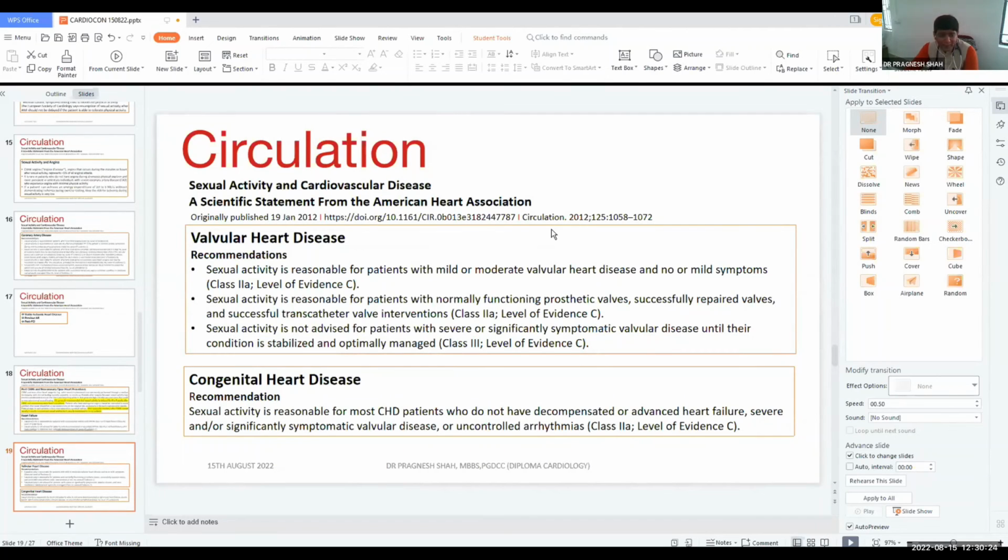And it is not advised for patients with severe or significantly symptomatic valvular disease until their condition is stabilized and optimally managed. And some recommendations for sexual activity in congenital heart disease: sexual activity is reasonable for most congenital heart disease patients who don't have decompensated or advanced heart failure, severe and significantly symptomatic valve disease, or uncontrolled arrhythmia.